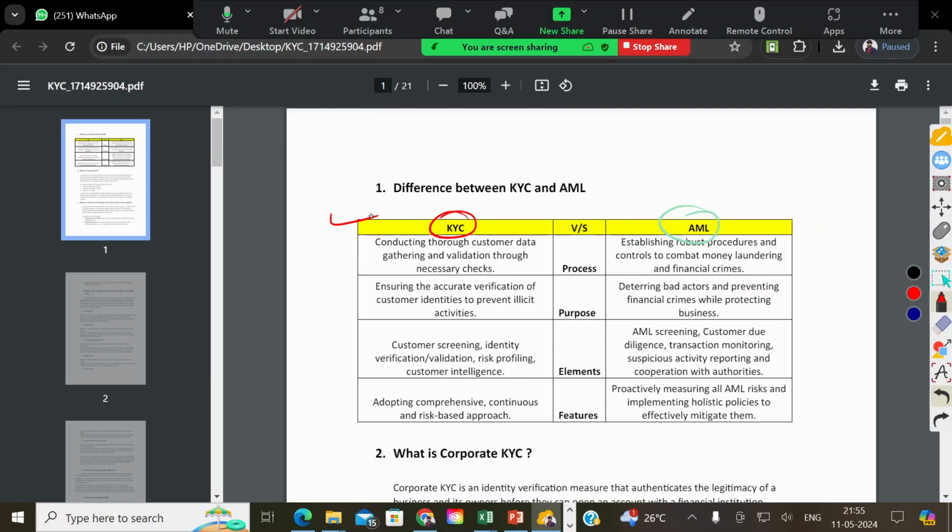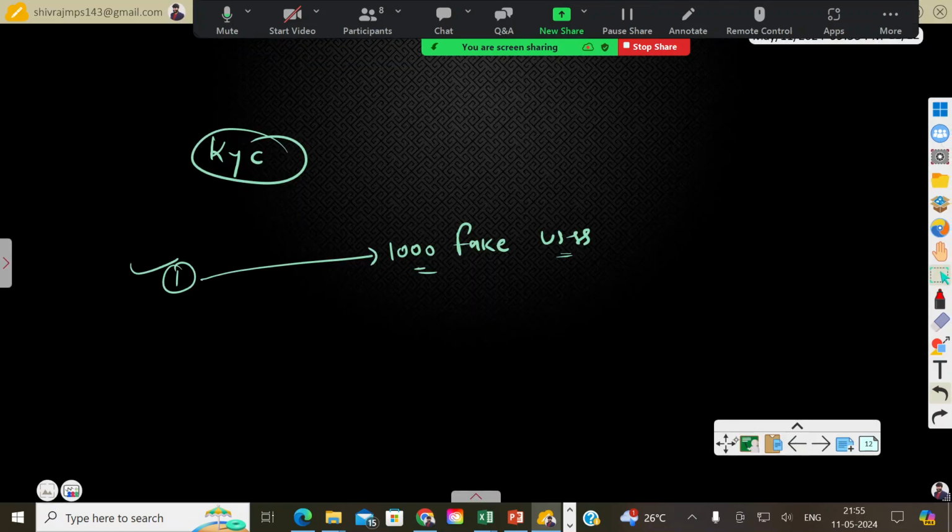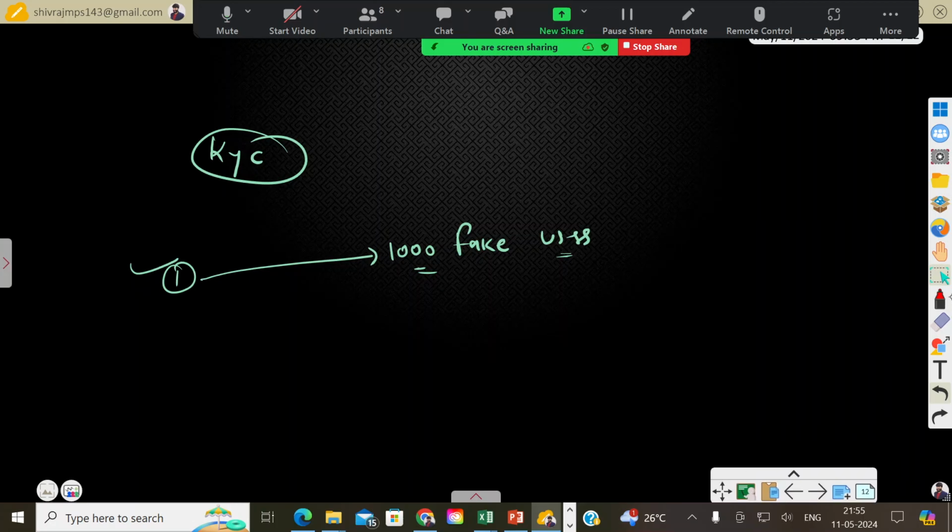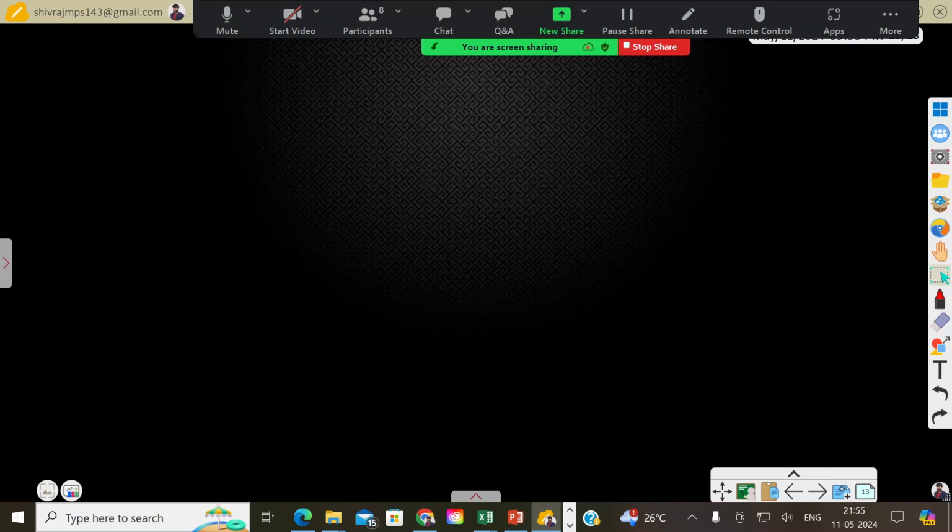Now, first understand why KYC documentation is important. Let's take another example to understand this in a better way. Let's say you're looking for a home loan or personal loan, whatever loan you are looking for.